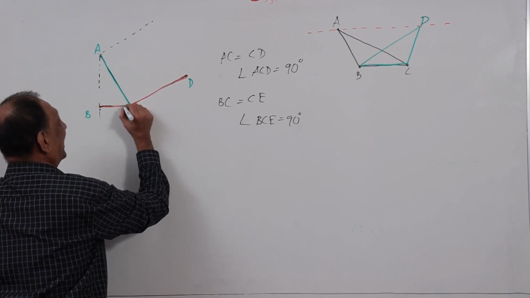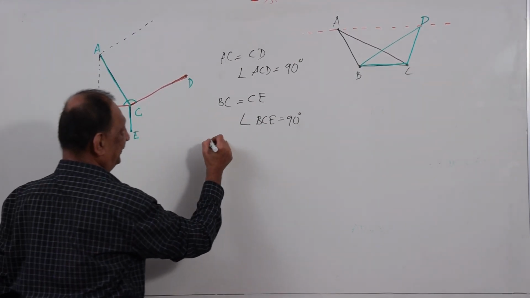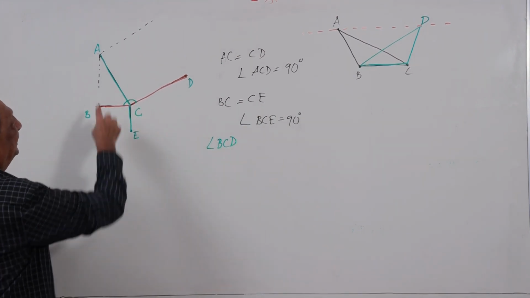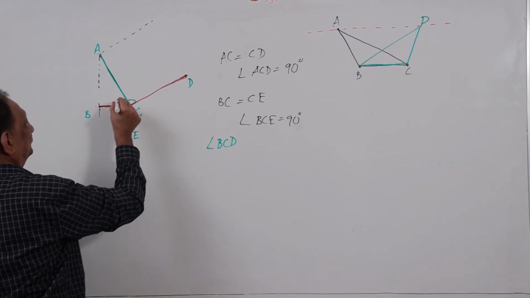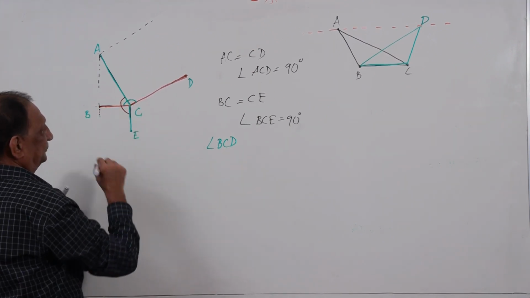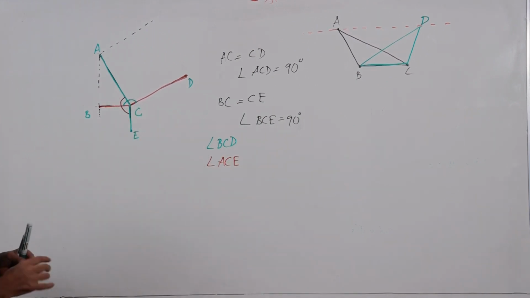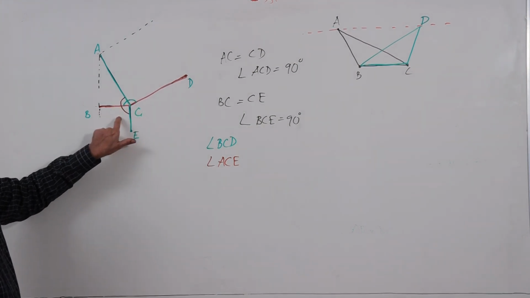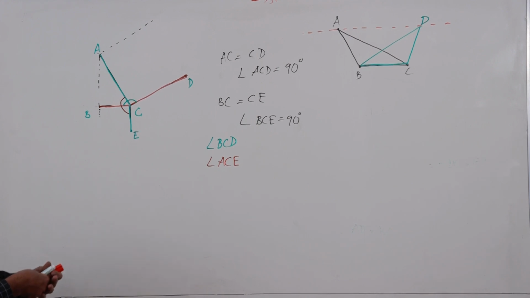BCD has got this angle BCD. Right? So angle BCD. And ACE has got this angle. Right? Now you see, both these angles are made up of 90 degrees and a common angle. Correct? In fact, I can write it down.